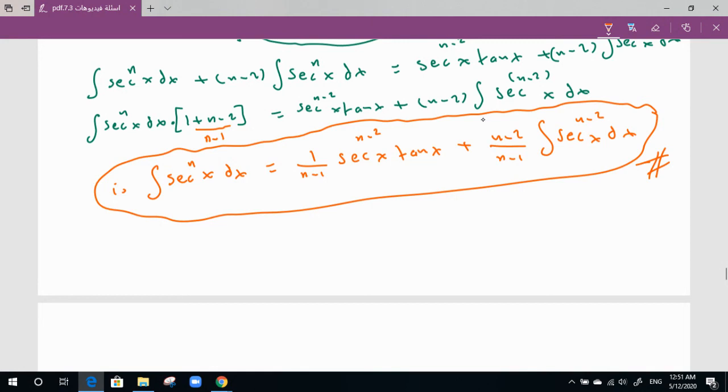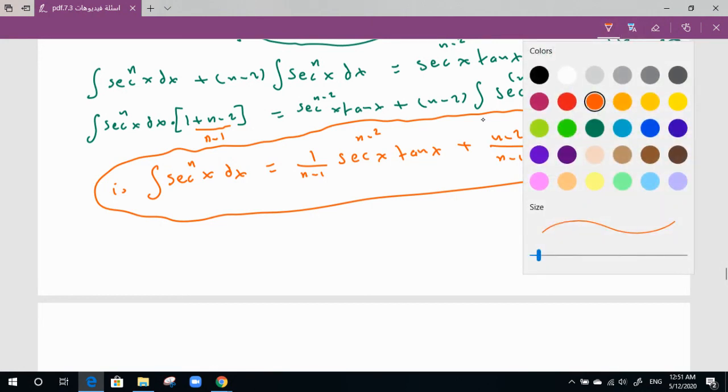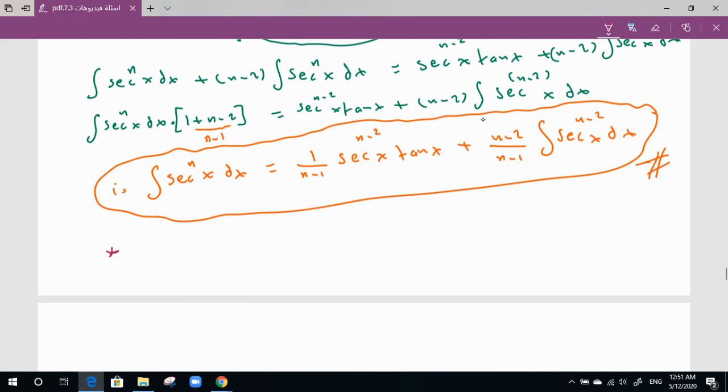Now, I can use this law to find the integral of secant cubed x dx. So the value of n now is 3. So 1 over 3 minus 1, it's 2, secant 3 minus 1, it's 1, secant x tan x plus 3 minus 2, it's 1, over 3 minus 1, it's 2, times the integral of secant x dx, because 3 minus 2 is 1.